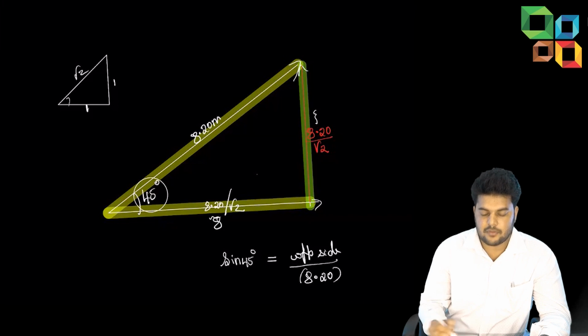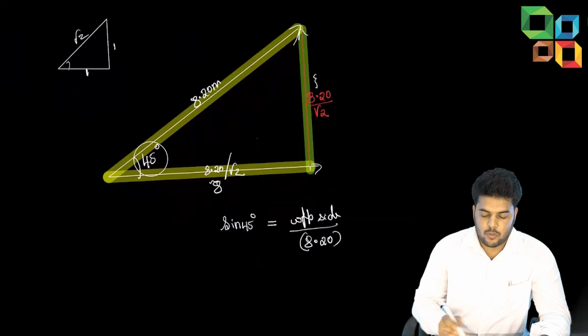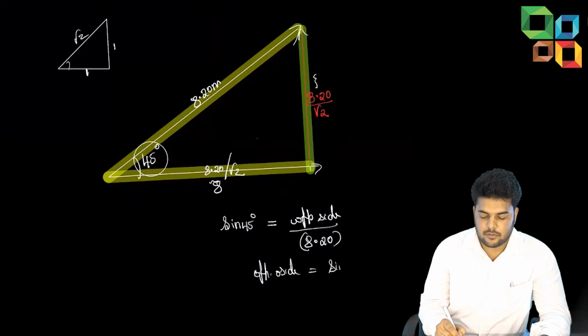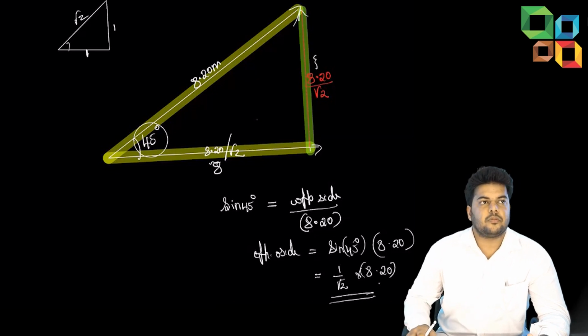The hypotenuse is given as 8.2 meter, isn't it? So the length of the opposite side becomes equal to sine 45 into 8.20. Sine 45 is 1 by root 2, as we have seen before. This is what we've got: 8.20 divided by root 2.